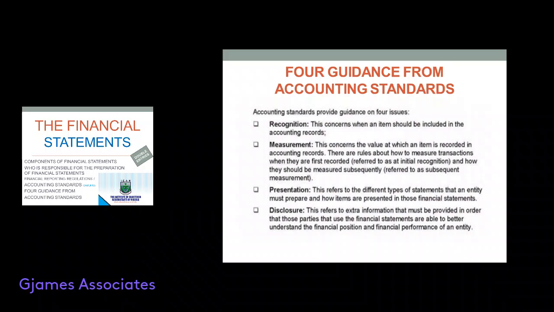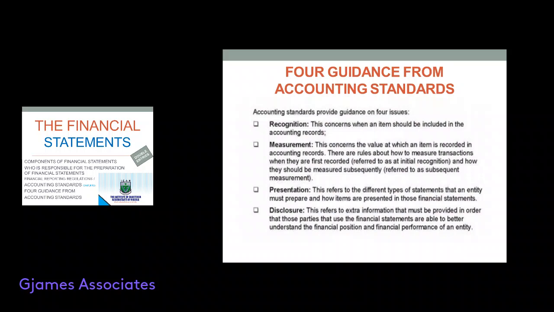So the four areas of accounting standard. Basically, there are a lot of accounting standards, but we can group and break them down into four: disclosure, recognition, measurement, and presentation.